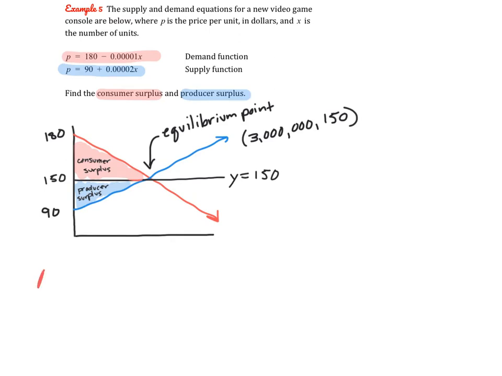So let's start with our consumer surplus in red. Our base of our triangle is just the distance from here to here, which is going to be 3 million. And then our height is just going to be the distance from here to here, which you can see is just 30. So if you do 1/2 times 3 million times 30, you get a consumer surplus of $45 million.